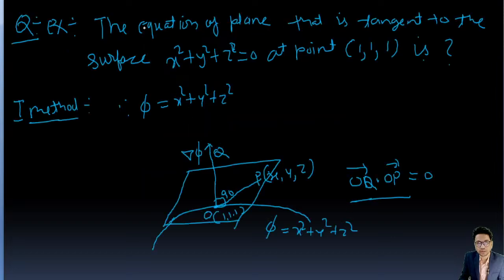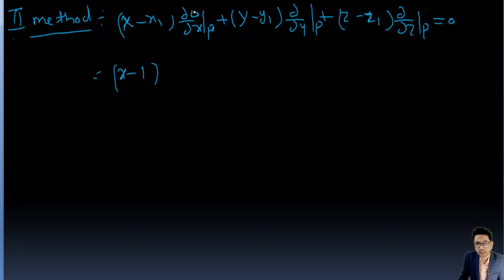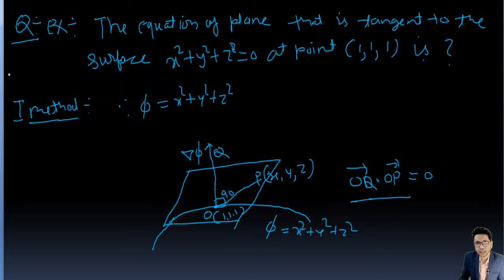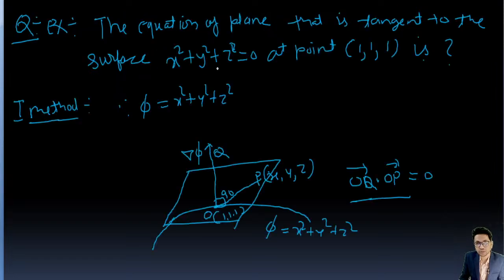This is del phi, guys: del phi over del x, del phi over del y, and del phi over del z. So we differentiate phi with respect to x at point p. If you differentiate phi, x square plus y square plus z square, with respect to x, it is going to be 2x, and if you put the value 1, it is going to be 2 into 1.